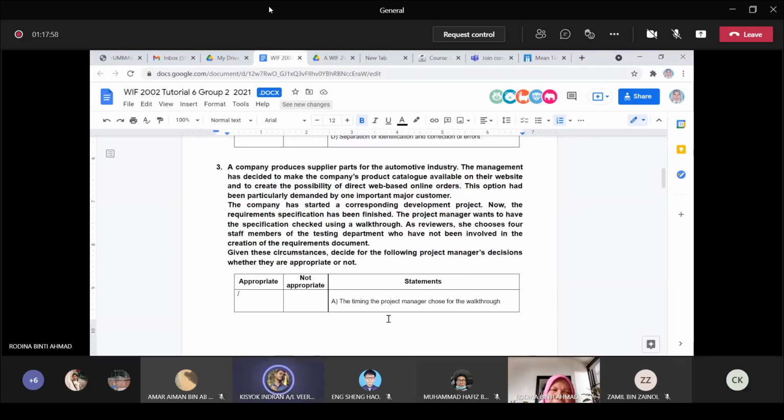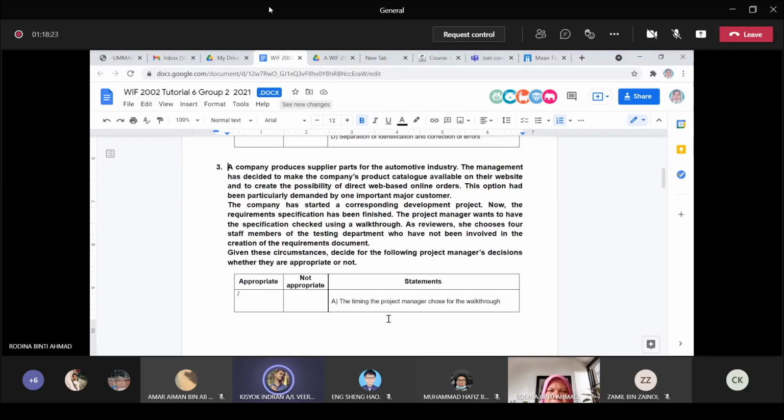Okay. So a company produces supplier parts for the automotive industry. The management has decided to make the company's product catalog available on their website and to create the possibility of direct web-based online orders. This option had been particularly demanded by one important major customer. The company has started a corresponding development project.